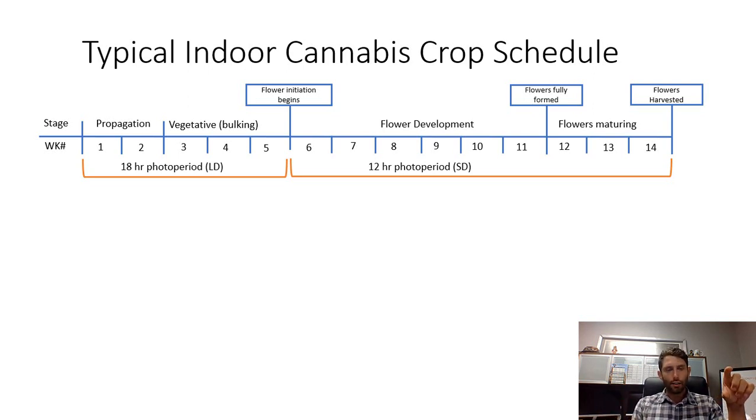If we look at the top of the graphic here, I have production stage. So we have propagation, then I have the vegetative stage, which in other mature markets you sometimes call bulking, and then we have flower development. These are three specific production stages. Under that we have week number. This is not year week, this is week number within this single cycle.